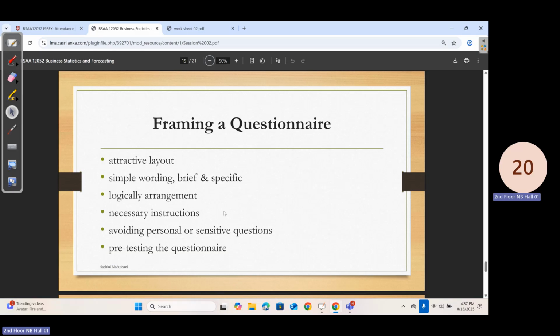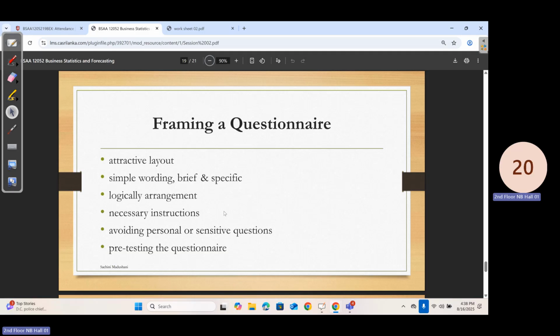Then we can read the question, because it means there is a problem, and we can revise it. Sometimes respondents say this question is not clear. Then we can check why it's not clear and mention it clearly. That is the meaning of pre-testing.